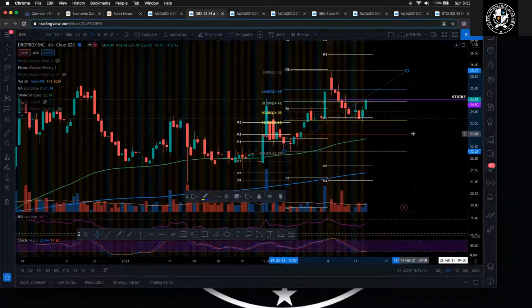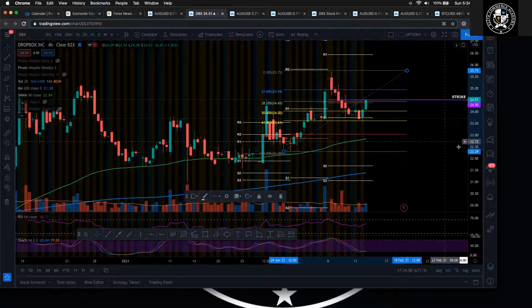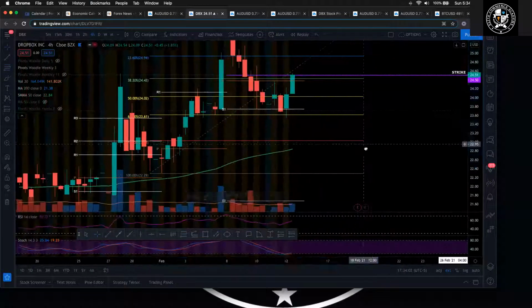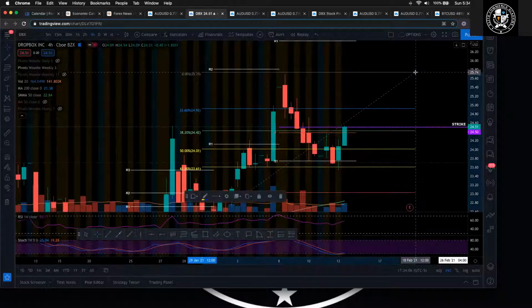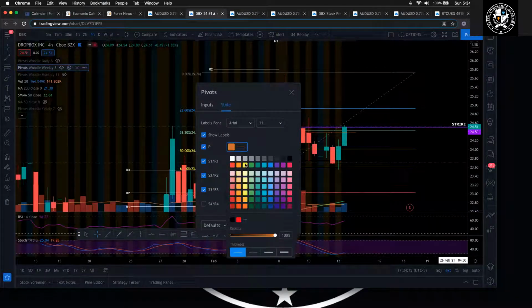Do y'all see that? I put the fib on here, swing low to swing high, and the pivot point is right here. Let me change the color so y'all can see.